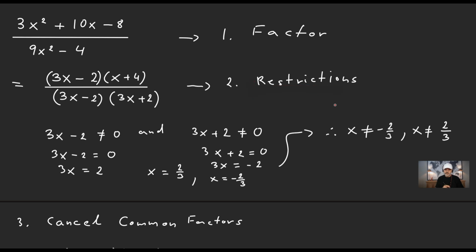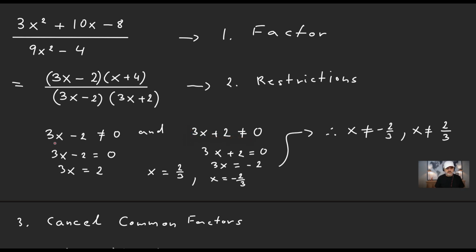Now is a good time to do the domain or restrictions, not after. I'm going to show you why. You take each factor that you see on the bottom, and you create a statement: I don't want 3x minus 2 to be equal to 0, and also, I don't want 3x plus 2 equal to 0.